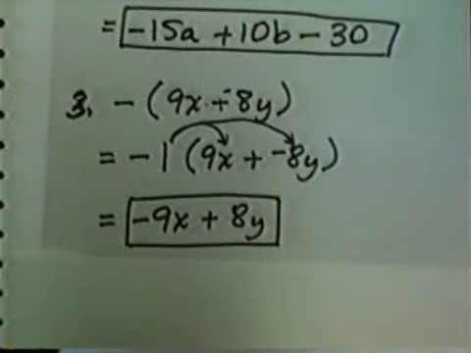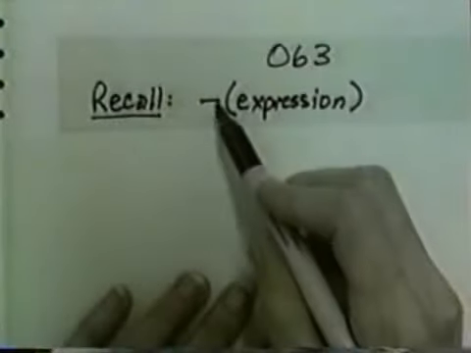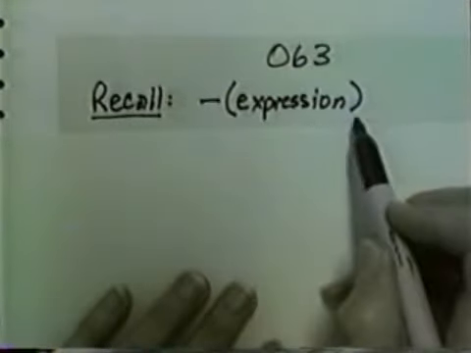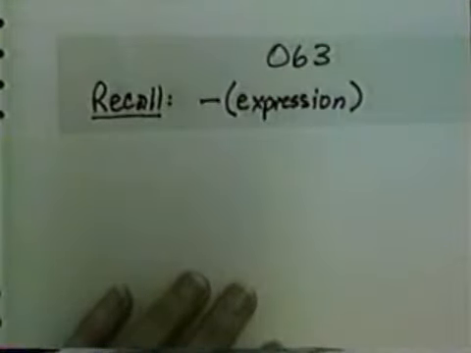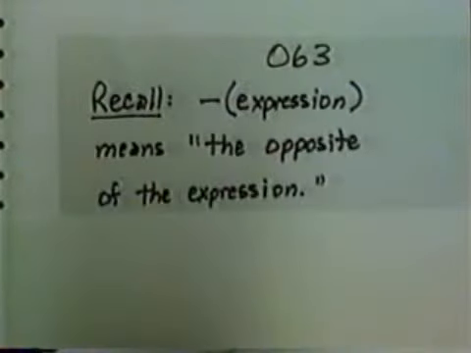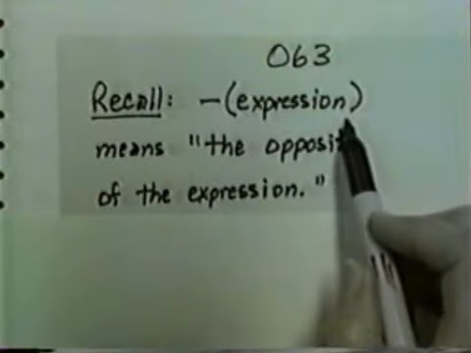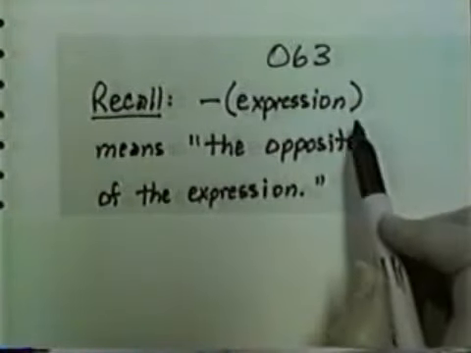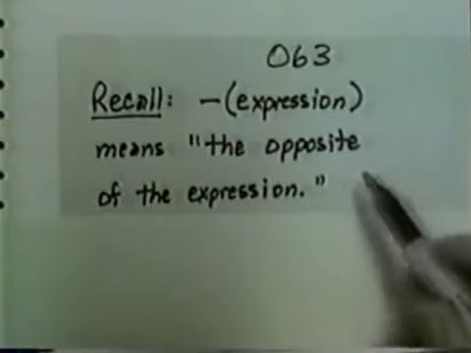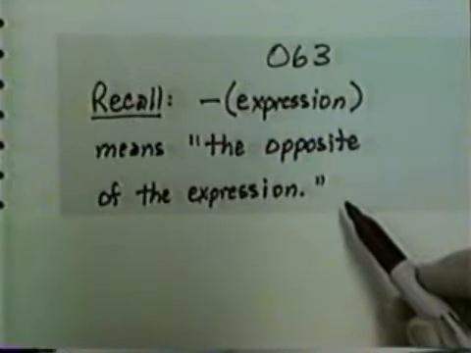There is an alternate way to look at this same thing, so let's look at it by recalling that a minus sign preceding an expression in parentheses means the opposite of the expression.